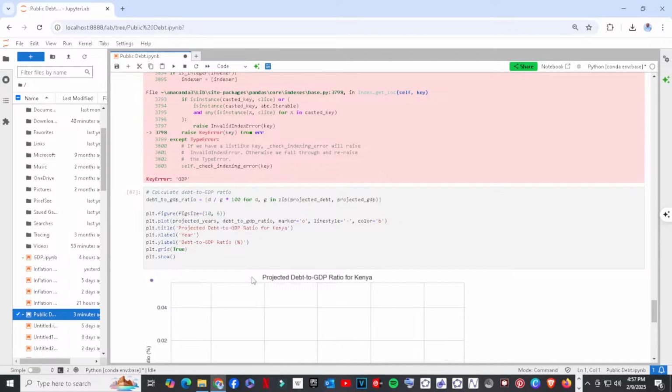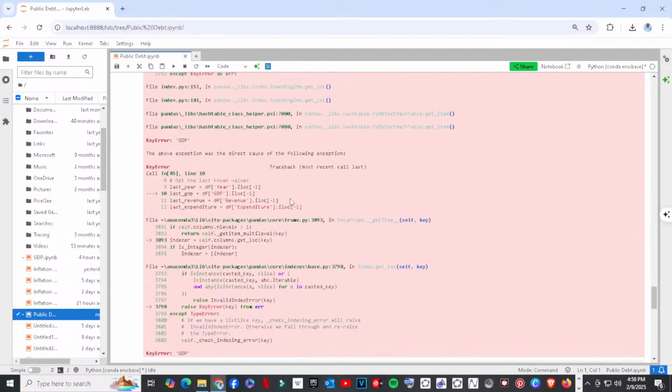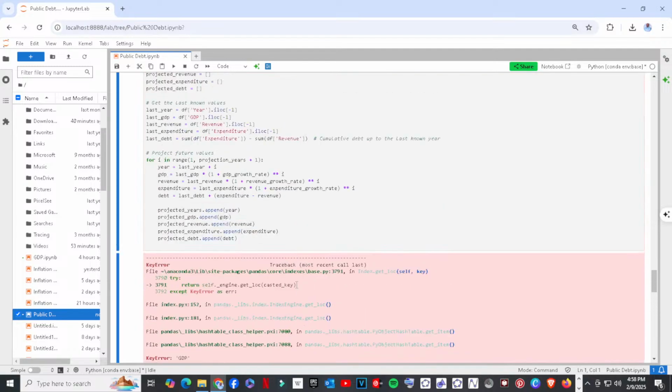I'll also be calculating the debt-to-GDP ratio to see how ready, or how healthy, we are to repay our loan. That will be coming in my next video, so just ignore this.